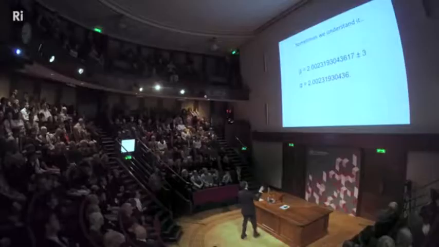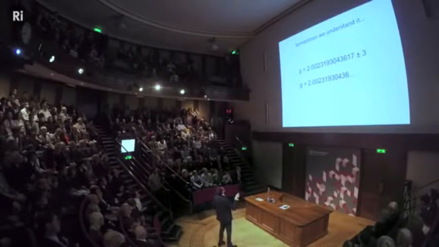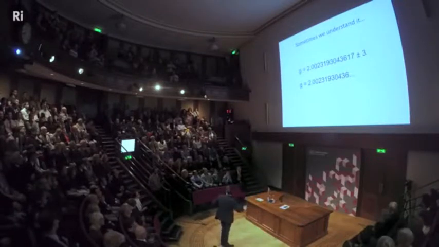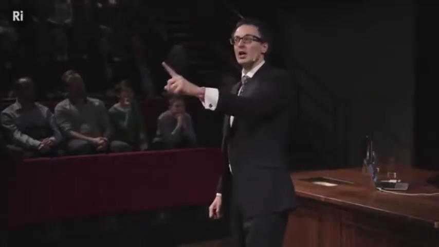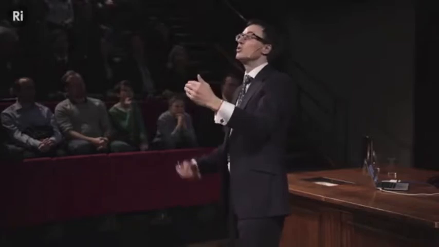The first number is the result of many, many decades of painstaking experiments measuring very, very precisely this feature of the electron. It's called the magnetic moment, for what it's worth.